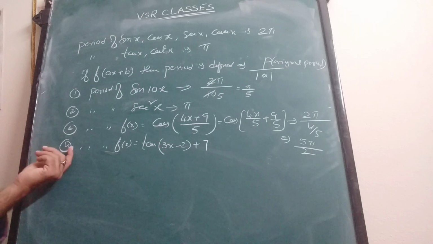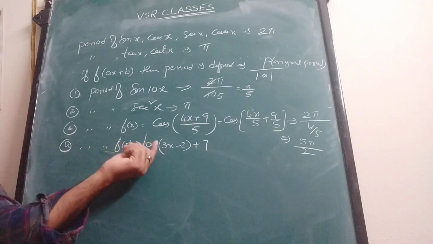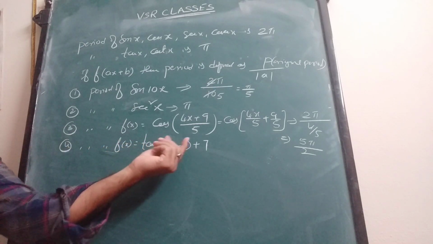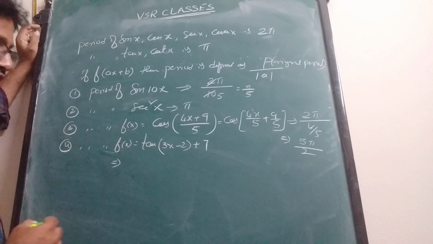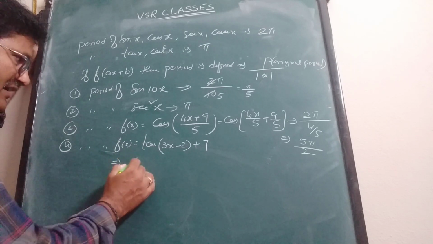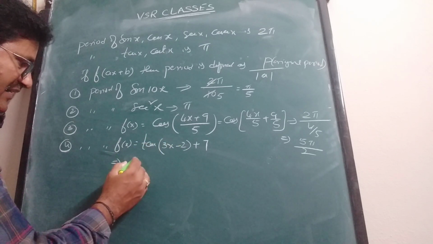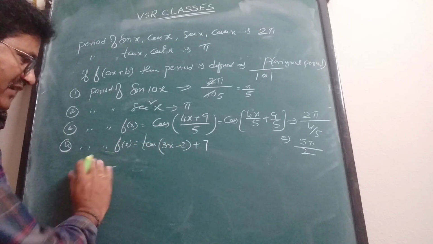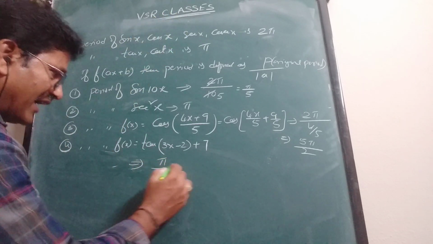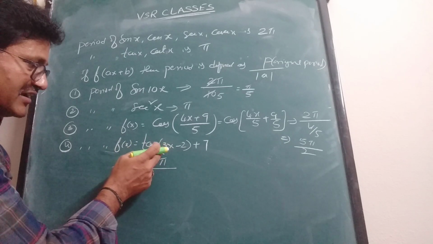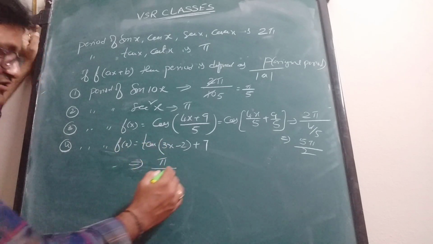And the next one, number 4. f of x is equal to tan of 3x minus 2 plus 7 is given, and we have to find the period of this one. Directly, what is the original period of tan? The original period is pi. And what is the x coefficient here? 3. So pi by 3 is your answer.